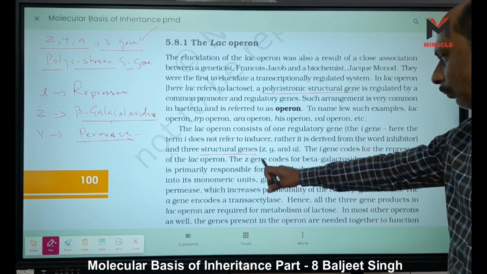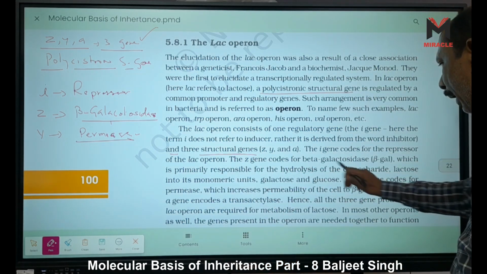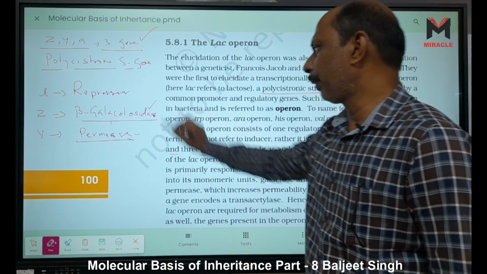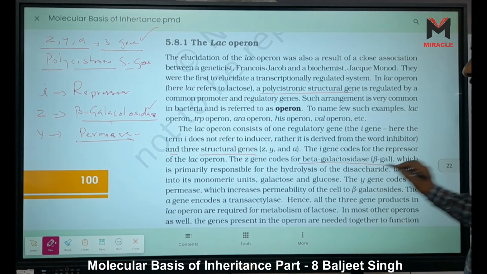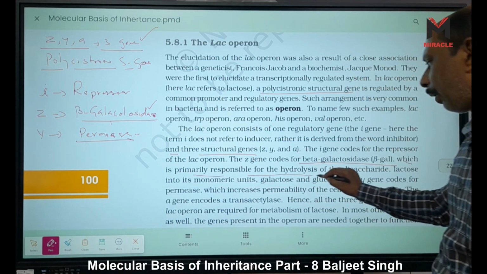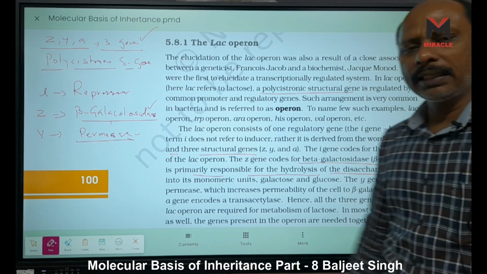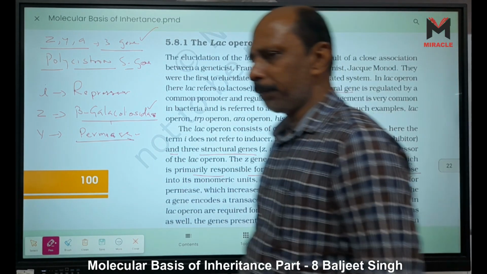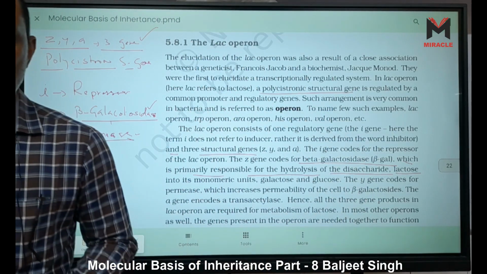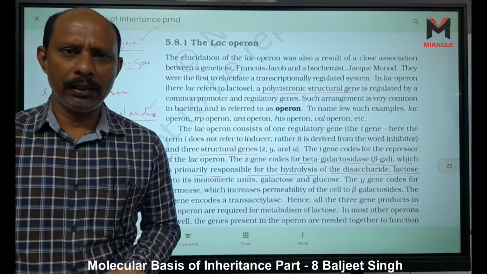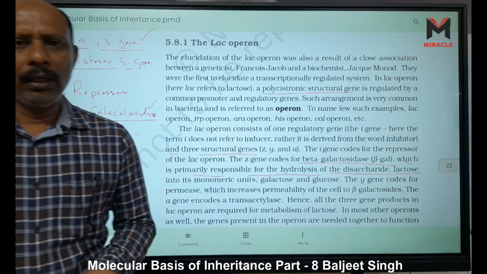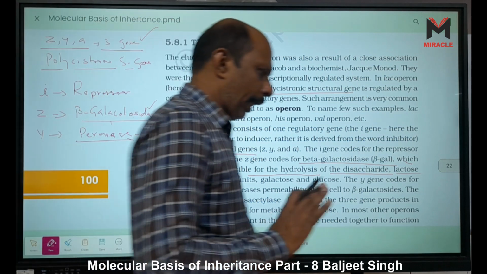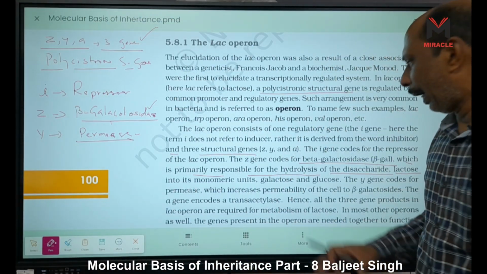The Z gene codes for beta galactosidase, given here as BGAL, which is primarily responsible for the hydrolysis of disaccharide. Disaccharide means which one? Lactose. Already I told you in biomolecules that disaccharides are lactose, maltose, and sucrose.